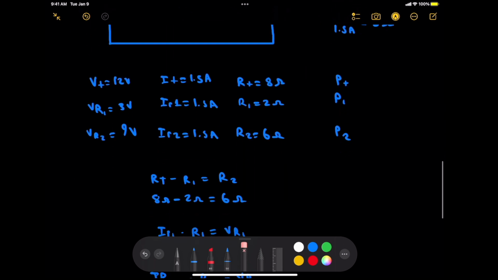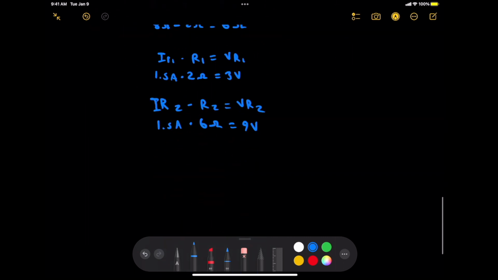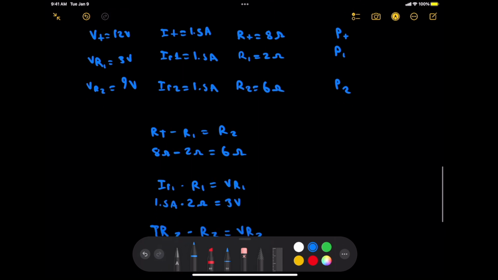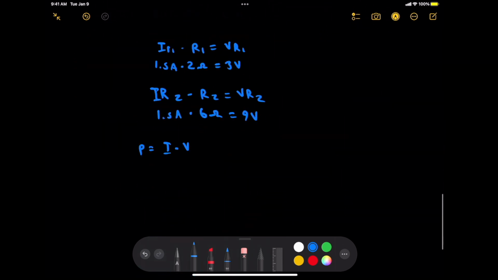So now all we need is to solve for PT, PR1, and PR2. So the way we do that is just like before. P is equal to I times V. So we just do it for each one. Or actually, I'll do it like this. Let's find PR1 and PR2 and then add them up to find PT.